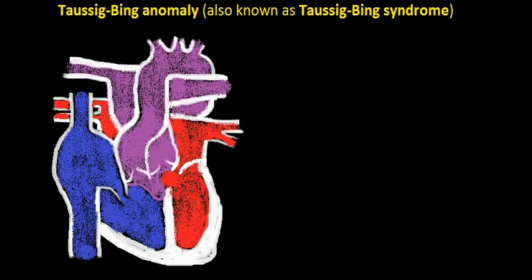So the rest is okay. The aorta goes on like this. Here's the pulmonary artery, which subdivides to the right one and the left one, and here are the pulmonary veins, 1, 2, 3 and 4.